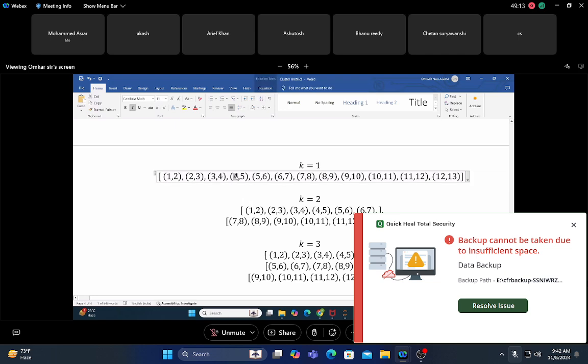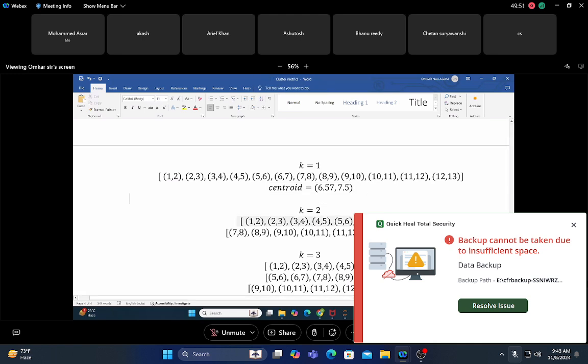Manish, what is the centroid for this? 6.5, 7.5. This is the centroid. Sorry, this is the centroid. Shivendu, tell the centroid for this.